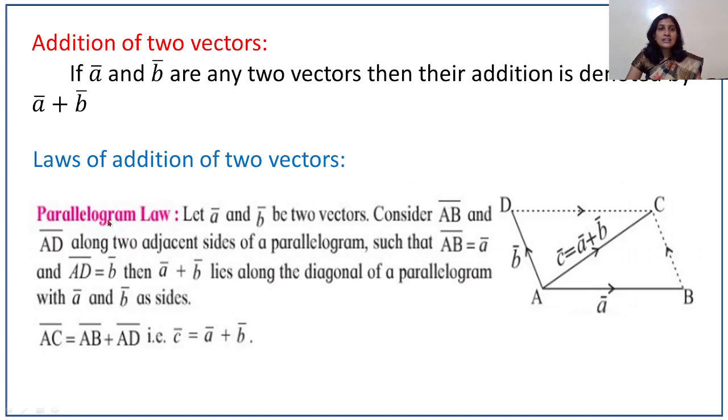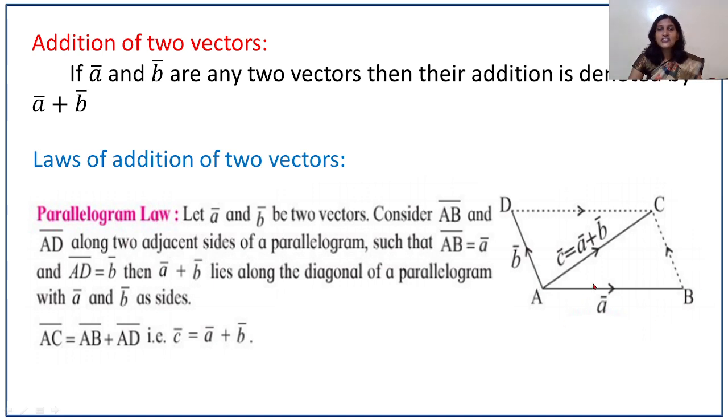First law is the parallelogram law that you studied in 11th standard in physics subject. What is that? If a bar is one vector and b bar is another vector, consider in this diagram, if AB bar is equal to a bar and AD bar is equal to b bar.